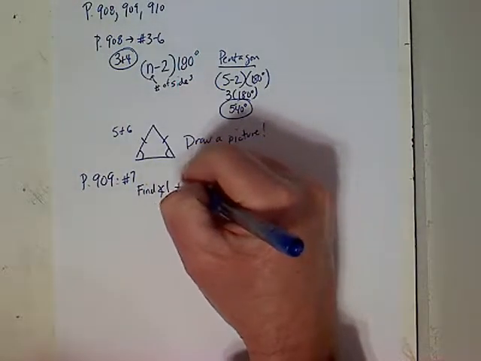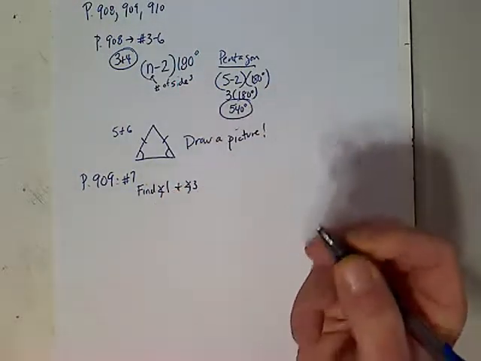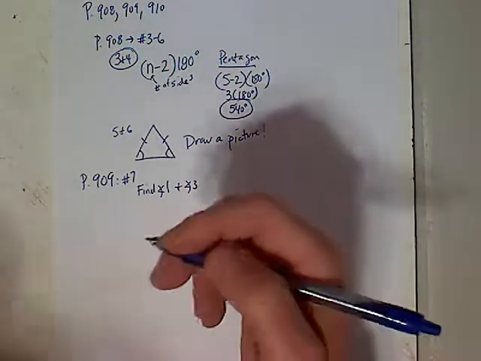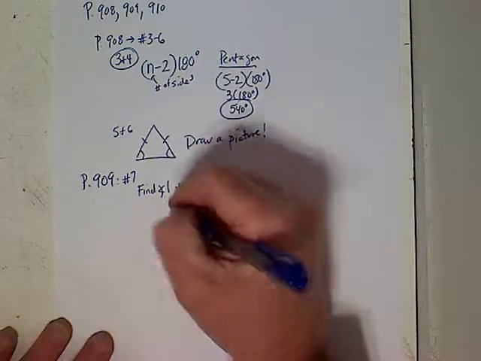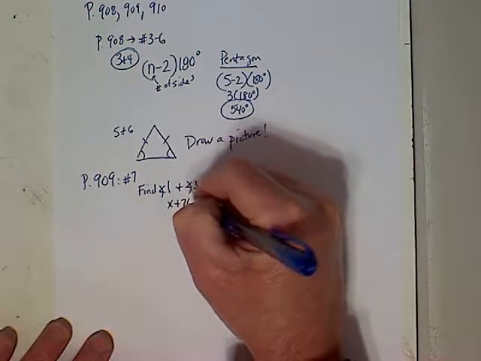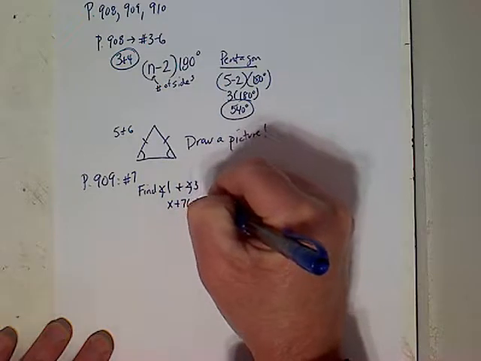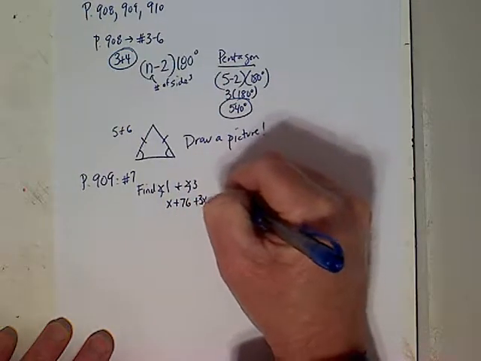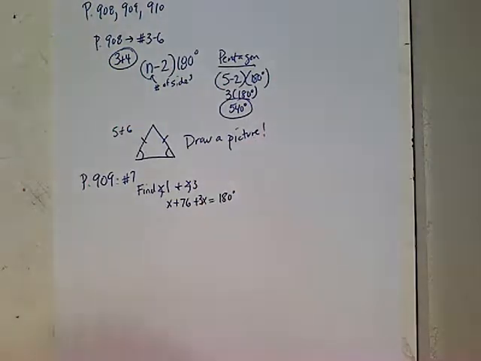Finding angle 1 and angle 3: the problem tells you that one of the angles is 3 times the other. So this will work. I'll let you investigate and figure out which is which. And this is going to equal 180, because again, it said one of the angles was 3 times the other angle. So you'll solve there, plug back in.